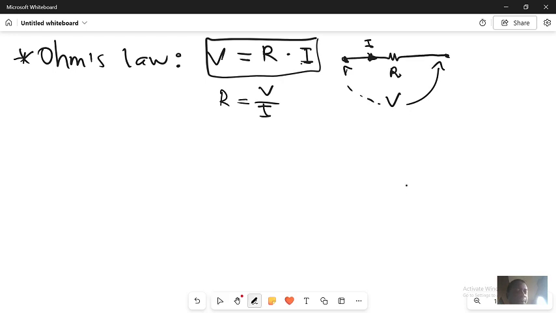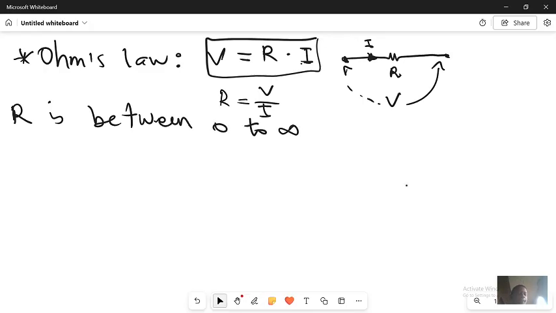So now we will see that the value of R is between 0 and infinity. At what time is the value of R going to be equal to 0? The value of R is equal to 0 when we have a wire, only a wire.